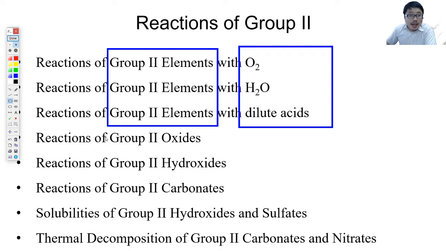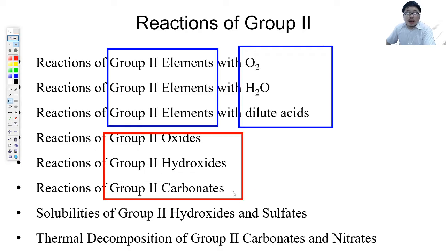Then we're going to look at the reaction of group 2 oxides, hydroxides, and carbonates. And we'll finish it off by looking at the solubility and thermal decomposition of group 2 carbonates and nitrates. Just like periodicity, a lot of memorization is involved right here.